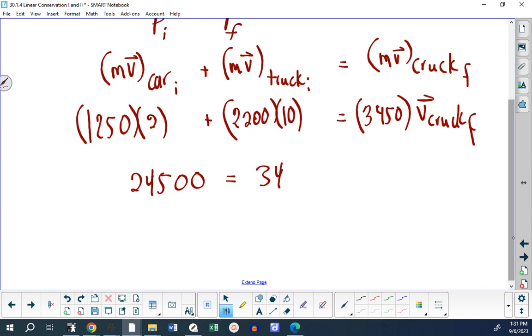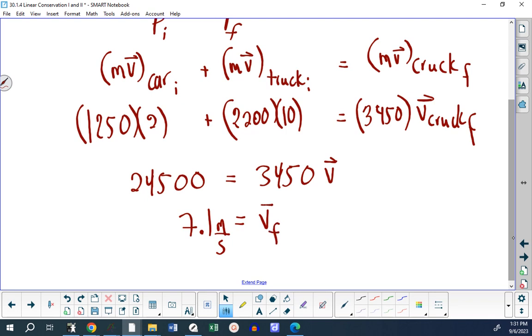Equals 3450. I'm going to take a stab and say 7. Pretty close. 7.1. I was going to say 7.1. I was. And if you believe that, I'll tell you another.